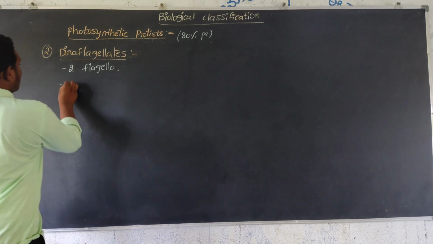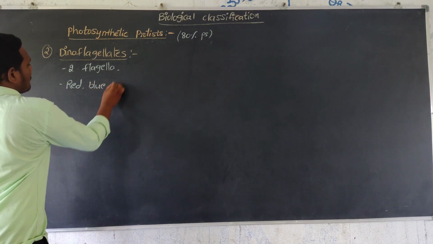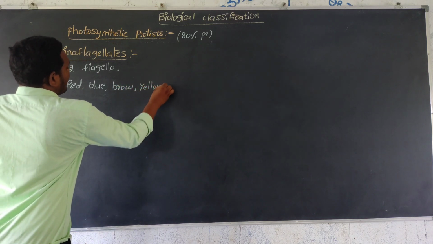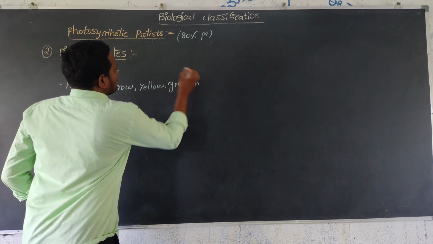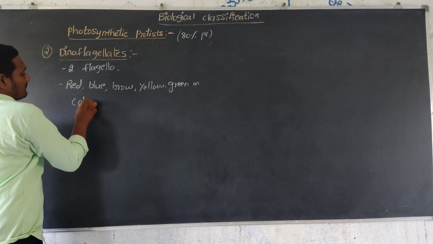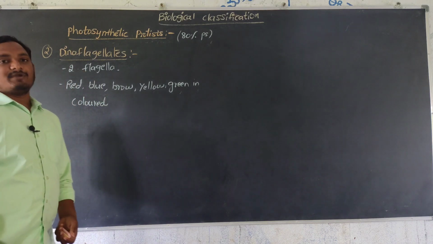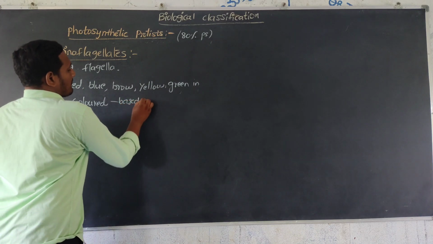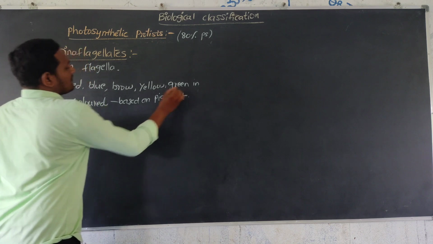Mainly they are red, blue, brown, yellow, and green in color, based on the type of pigment present in their body.